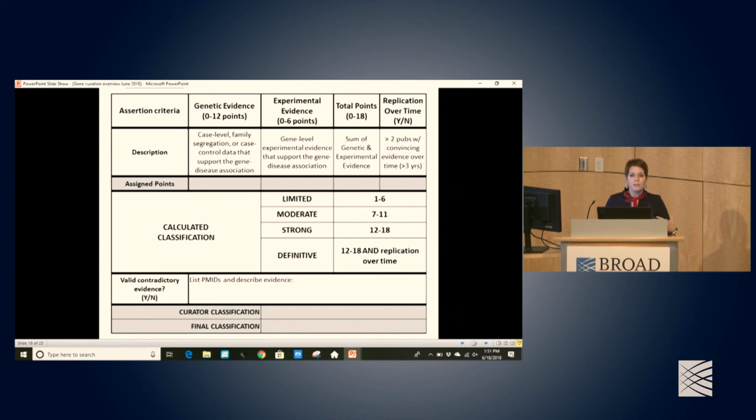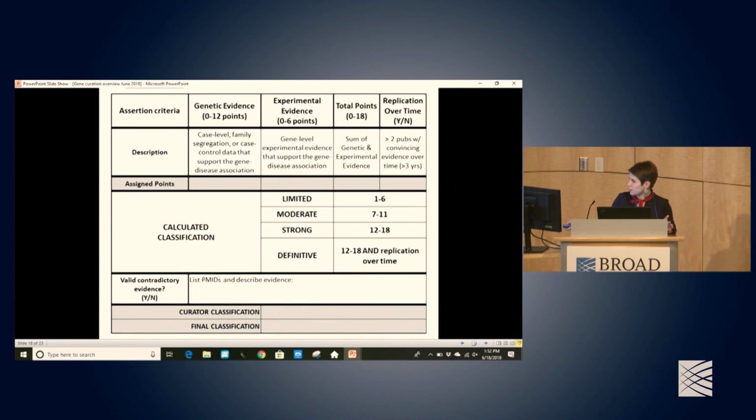So while the points are good in that they move you towards a certain direction, the end goal is not the specific numerical points, it's the category. And that being said, at the end of the day, if you've tallied up all of the evidence that you found and you feel that given what you've learned, what you think the classification should be is not what it's coming out to be, you absolutely can opt to change the classification.